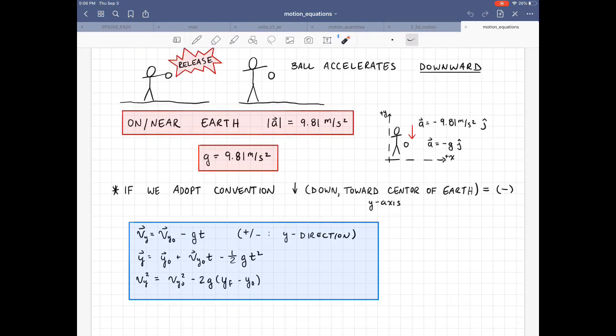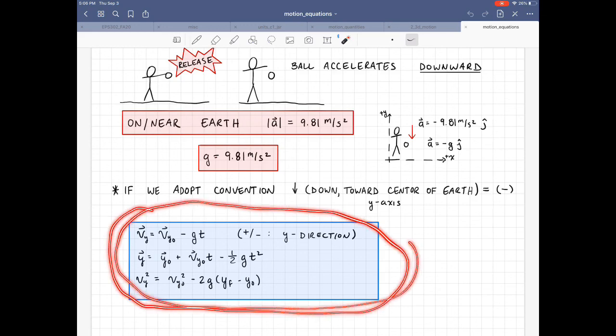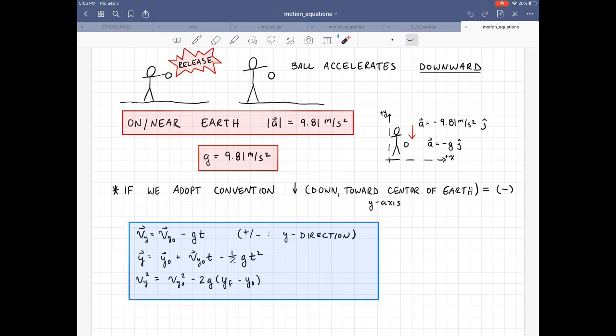What that means is that when we have an object in motion in free fall, we can rewrite the kinematic equations that we've written out, assuming that we have adopted plus as the up direction and minus as the down y direction.